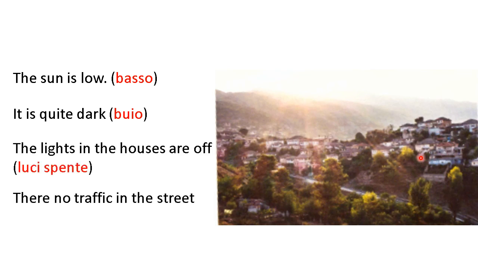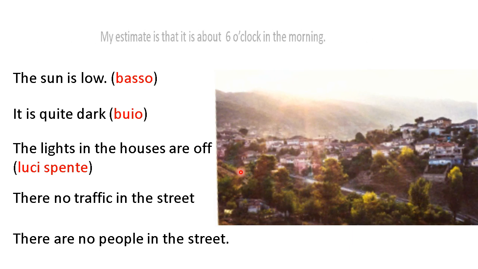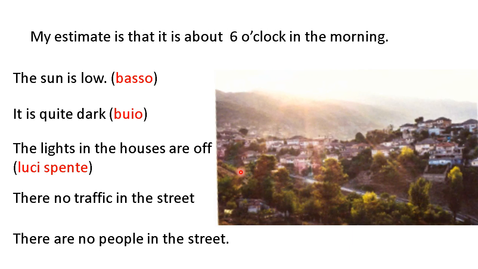There is no traffic in the streets, and there are no people in the streets either. My estimate is that it is very early in the morning, perhaps 6 o'clock in the morning. What do you think?